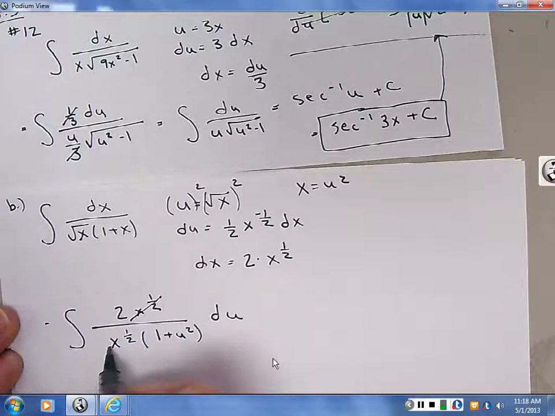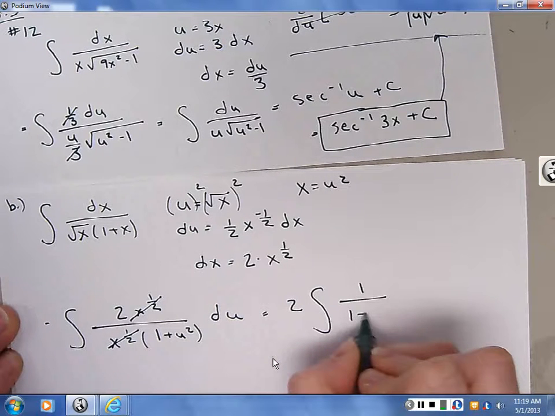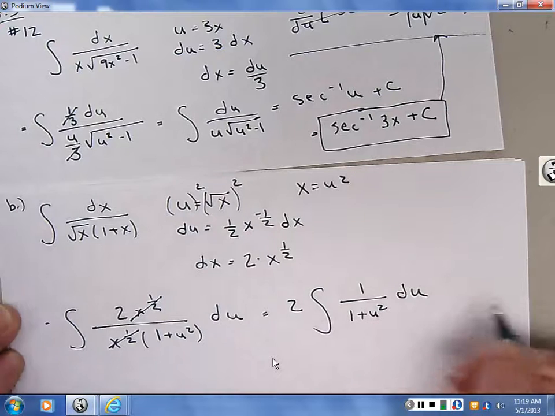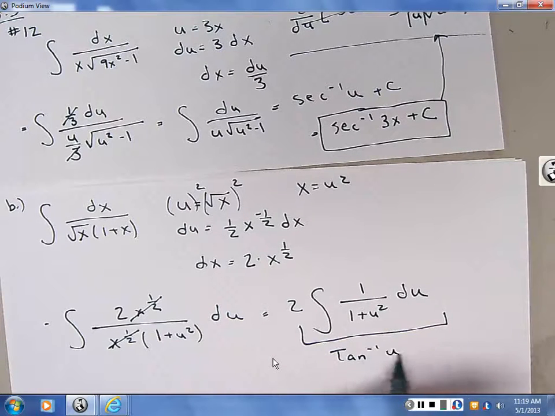The 1/2 cancels, and you're integrating 1 over 1 plus u squared du, which is exactly tangent inverse of u. So I have 2 times tangent inverse of the square root of x plus c.